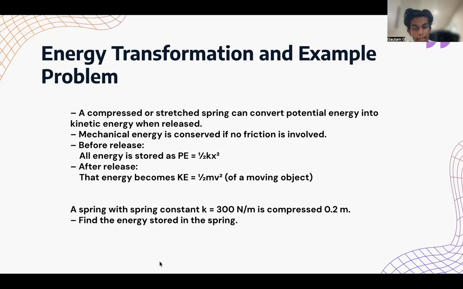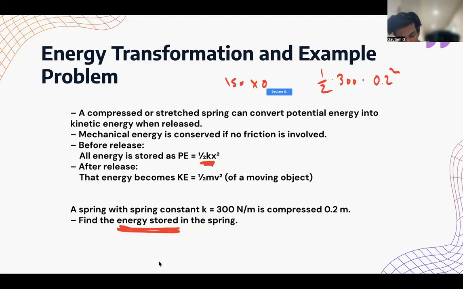So clearly we can just do 1/2 because the equation's given right here. We're trying to find the energy stored in the spring. So we can just do 1/2 times 300 times 0.2 squared. So we get 150 times 0.04.